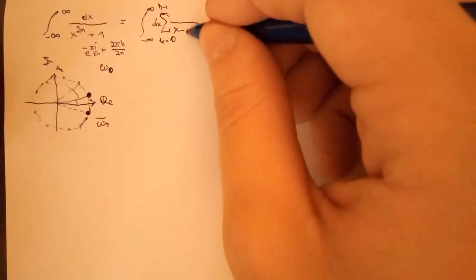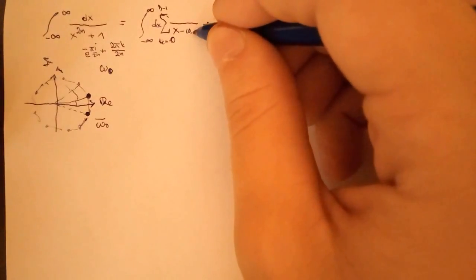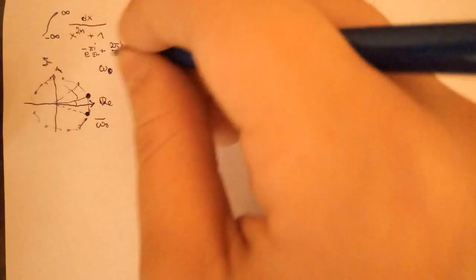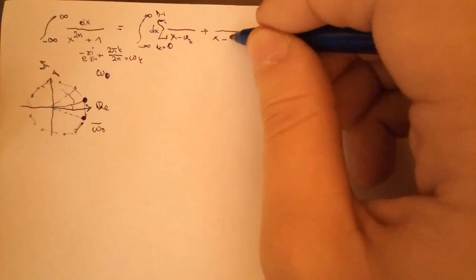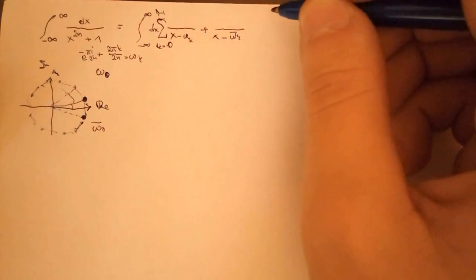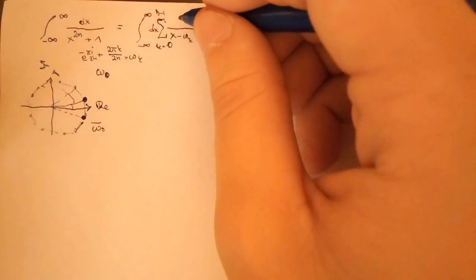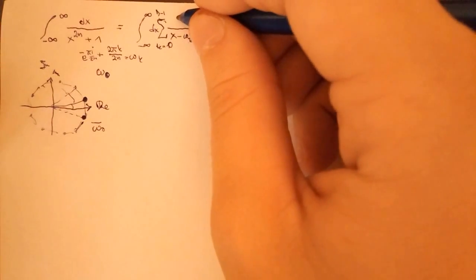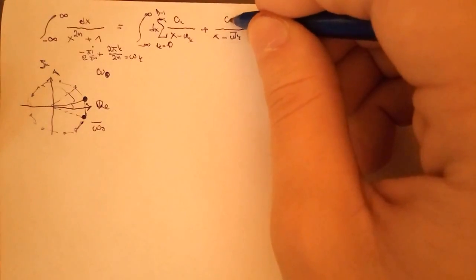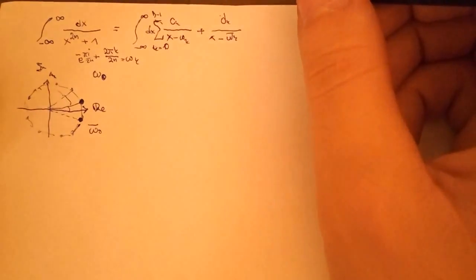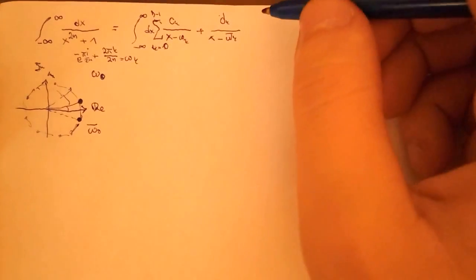So there is x minus omega k, and x minus omega k conjugate, and there should be numbers ck and dk, and there is dx.